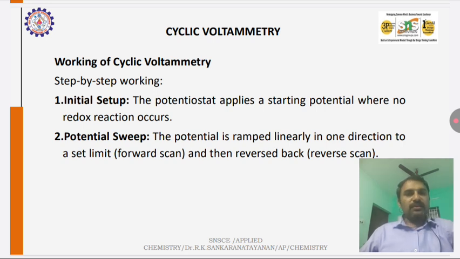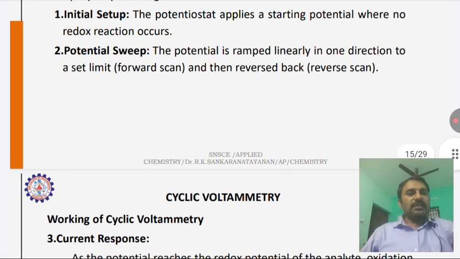Potential sweep means, as we already said, forward and reverse scans. We set it from -2 to +2 volts, and the potential ramps linearly from one direction to another, so the forward and backward reactions take place.